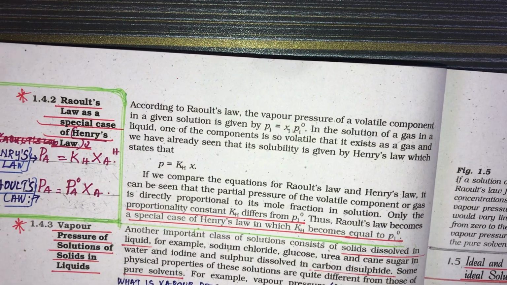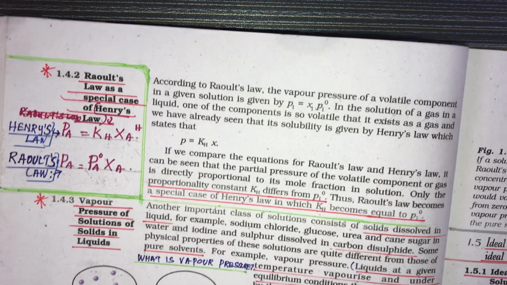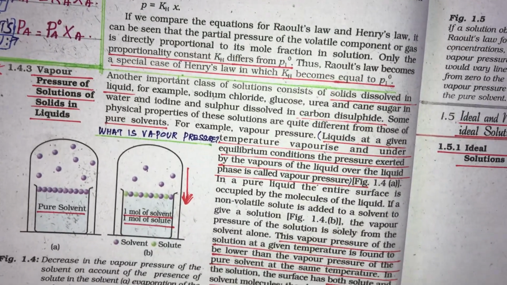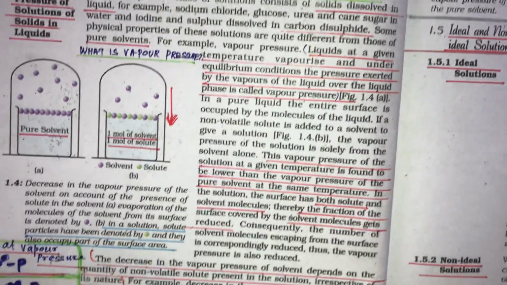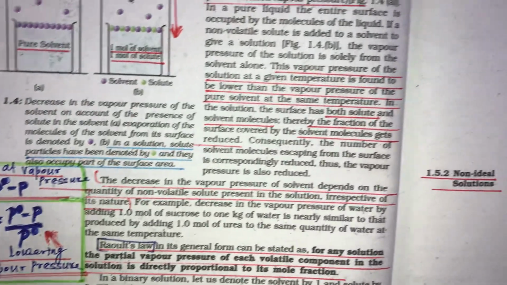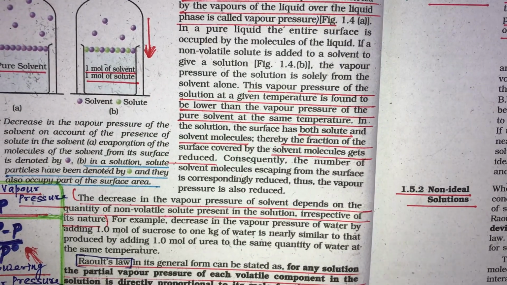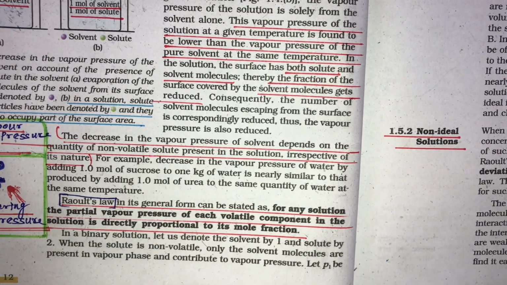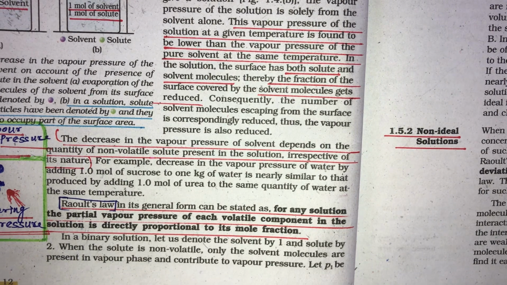So what you have seen in this video is Raoult's law as a special case of Henry's law, and the vapor pressure of solutions of solid in liquid. What is vapor pressure? What is lowering of vapor pressure? What is relative lowering of vapor pressure? The decrease of vapor pressure is a colligative property and depends upon the quantity or number of particles of solute added.